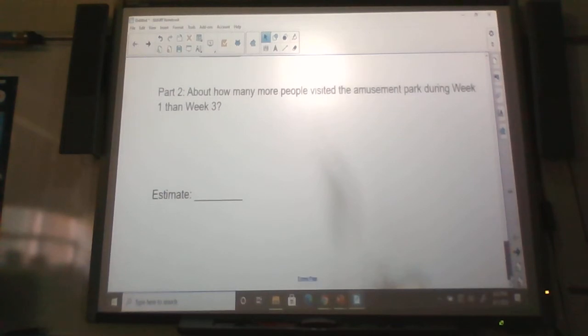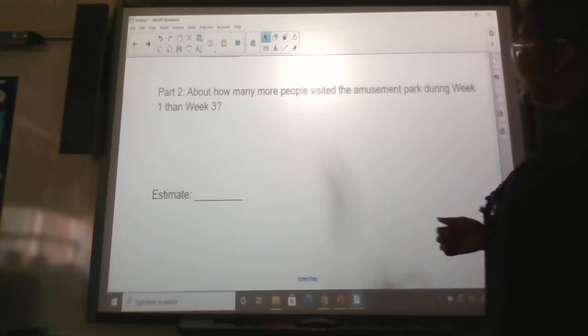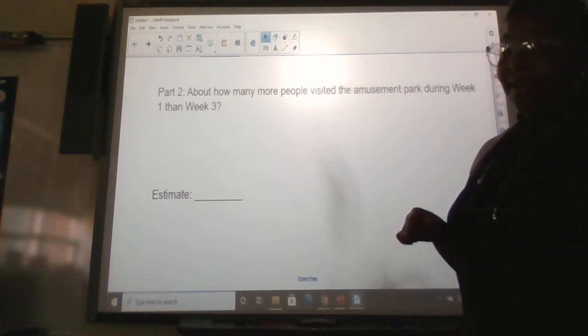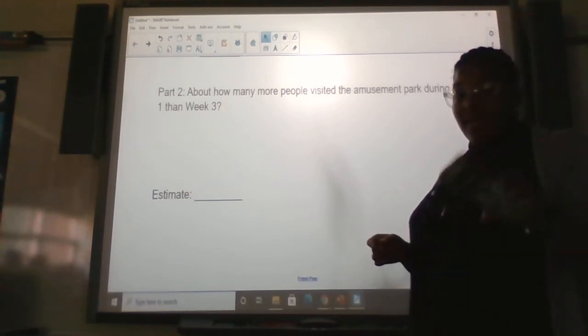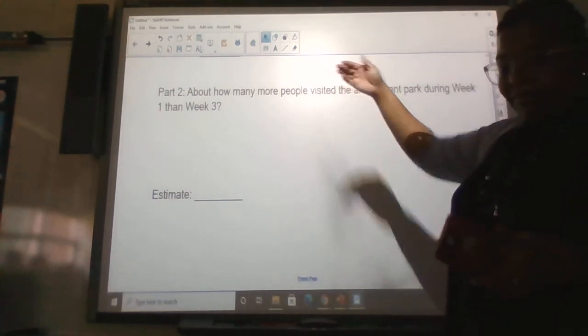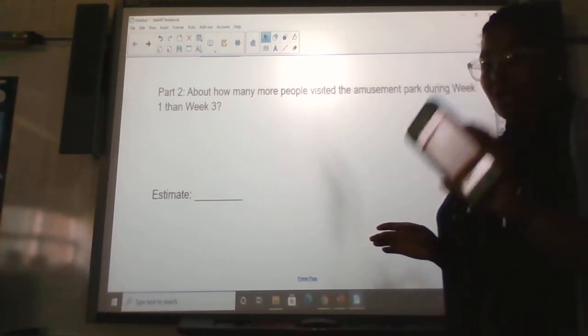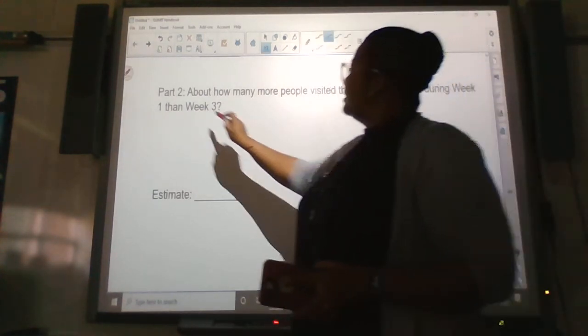Part 2 says about how many more people visited the amusement park during week 1 than week 3. Once again, I'm using the same chart from number 5. If you took that picture, use the same chart. Keywords, boys and girls.